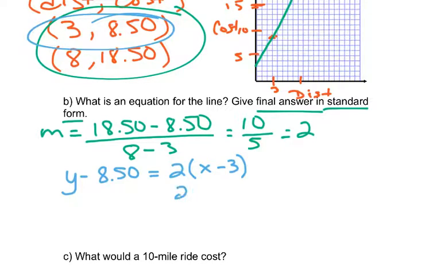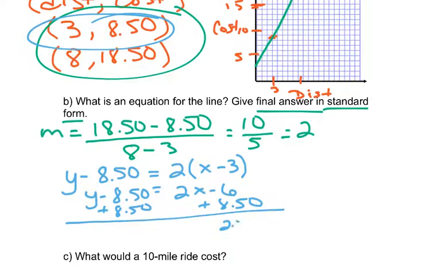Let's distribute. We get 2x minus 6. And then we're going to add 850 to the other side. 850 with a negative 6 would be 250. And then that's in slope-intercept form, but they're asking us to put it in standard form. So we're going to get our x's and y's on the same side.